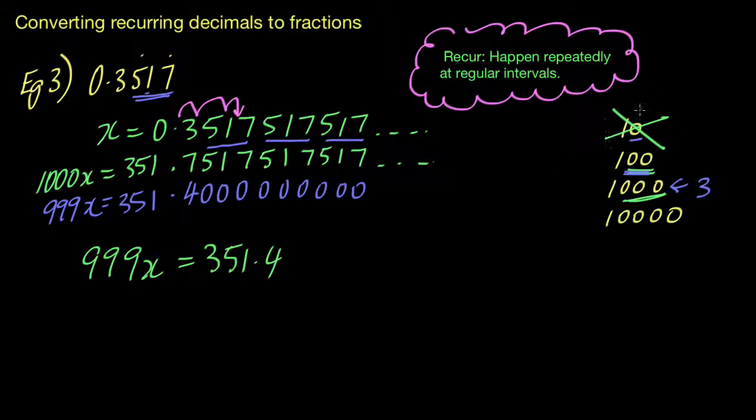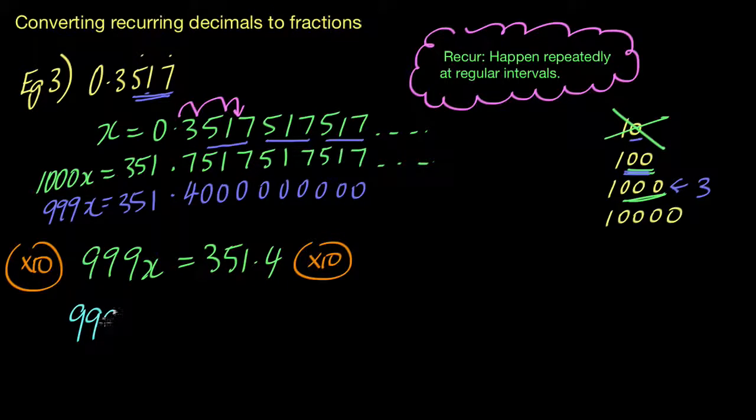Well, just like we did over here, we times it by 10. It shifts everything down once. So times both sides by 10. I'll just write that here so we can see what we're doing. Times 10 to both sides, and you're going to end up with 9,990x equals 3,514. Last of all, how do you get rid of 9,990 times on the x there?